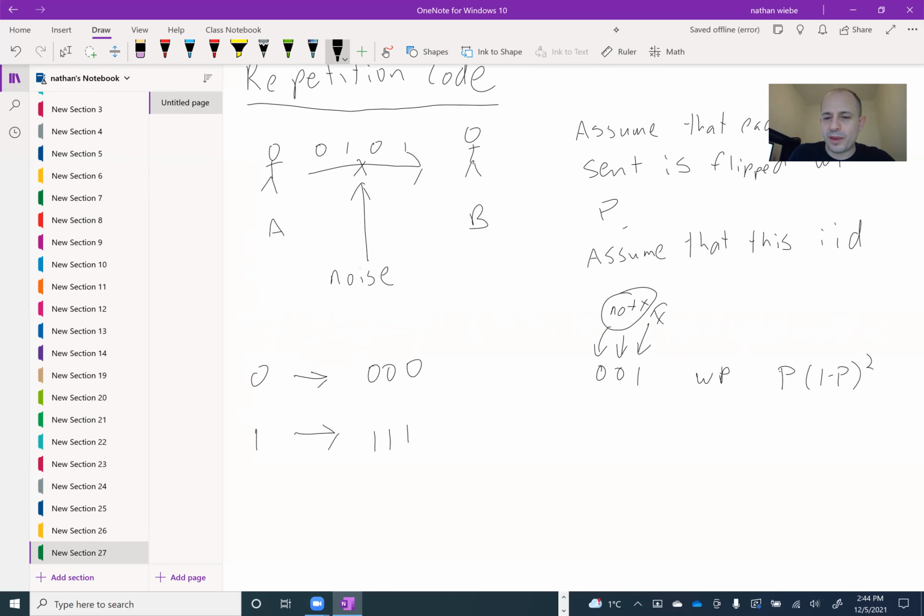So the basic idea is that Bob receives this. Now Bob, again, knows that they're making this assumption about the noise in the system. So Bob has two choices. Bob could either say, case 1, Alice sent 000.